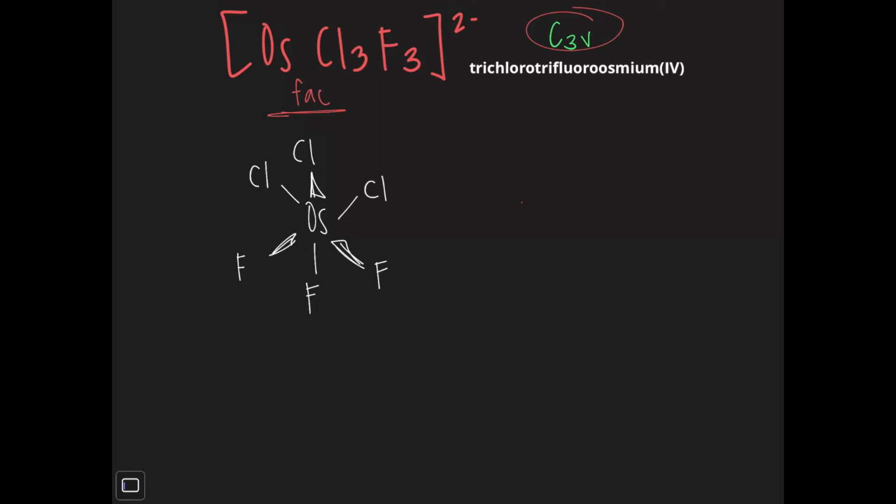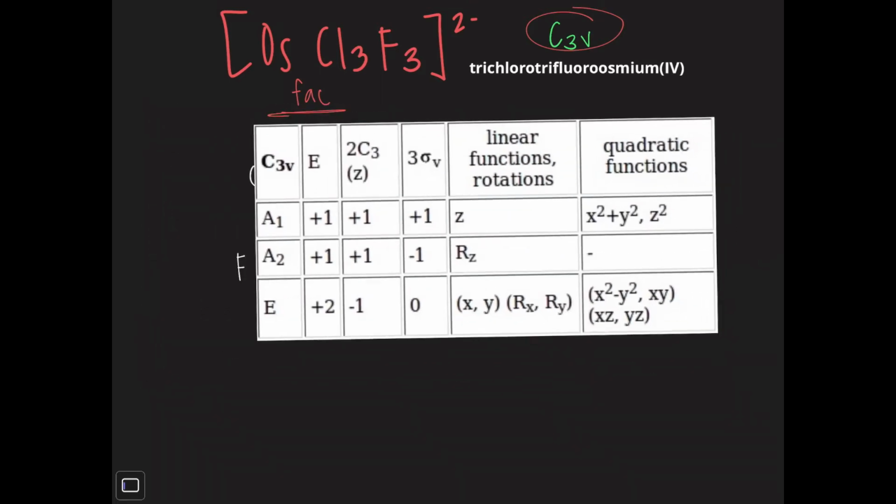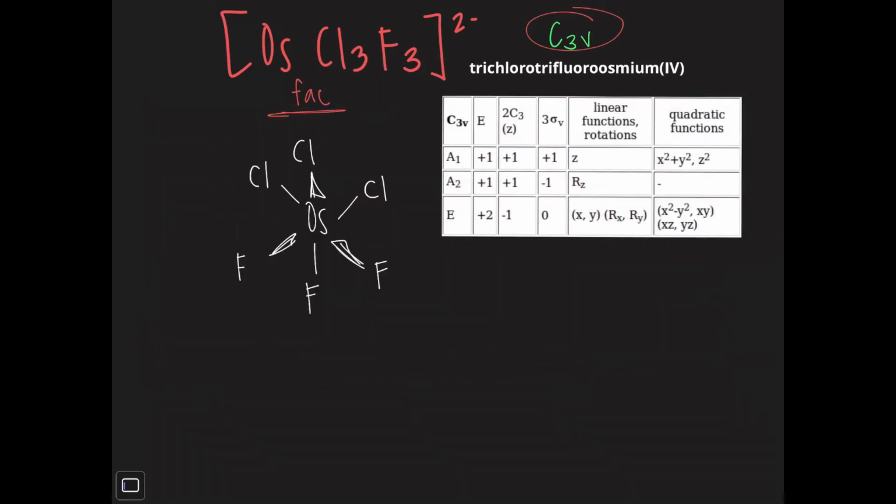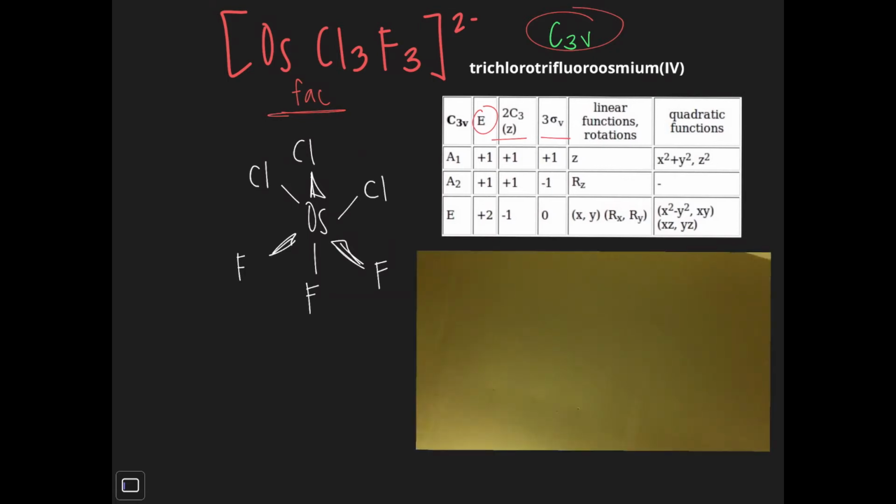So we know that according to its character table, we're going to be looking at the operations that it has in order to get the reducible representations. So next step is looking at the reducible representations of the compound.